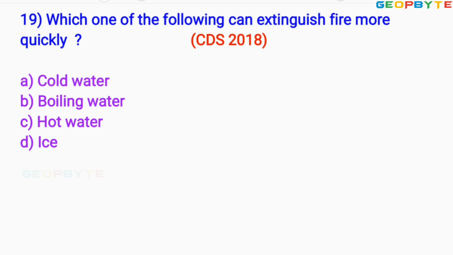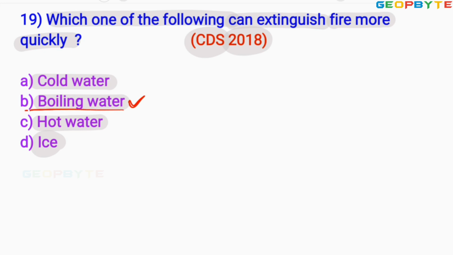Look at the 19th problem, which was asked in 2018 for CDS. The problem is: which one of the following can extinguish fire more quickly? Option A, cold water. Option B, boiling water. Option C, hot water. Option D, ice. Remember, my dear friends, boiling water can quickly extinguish the fire.